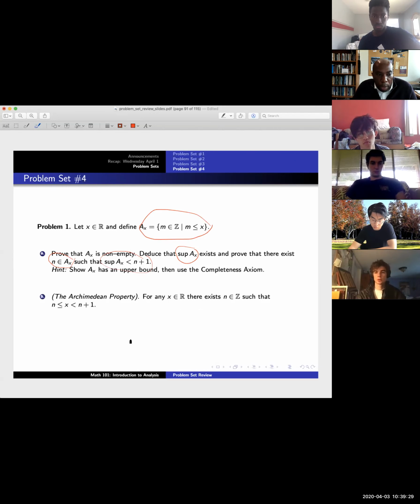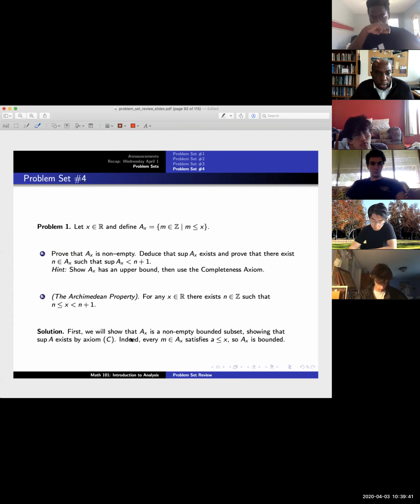Really this problem comes down to proving that the supremum of this set is that integer n. That's what I want to go over because there were some subtleties that we left off. First of all, we know that this set is bounded.